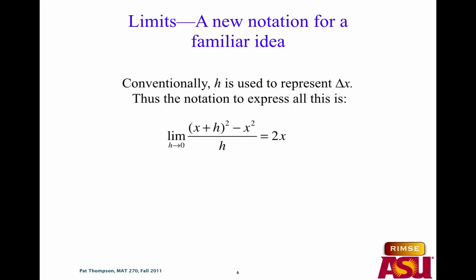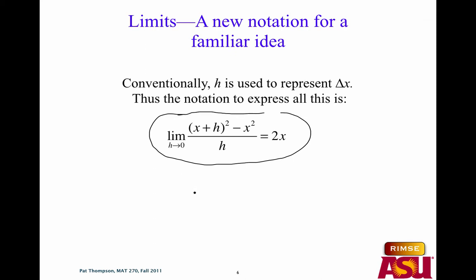So conventionally, people will use h instead of delta x, and so the notation that will be used in your textbook to talk about this idea is to say the limit as h goes to 0 of (x plus h) squared minus x squared over h equals 2x. Okay, and so this is the notation that's most conventionally used in most calculus classes and things like that.